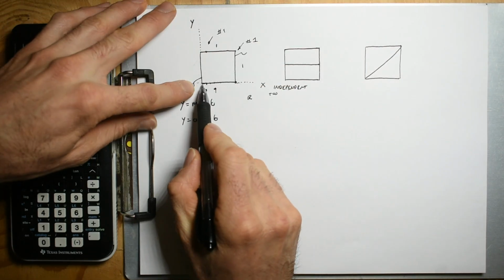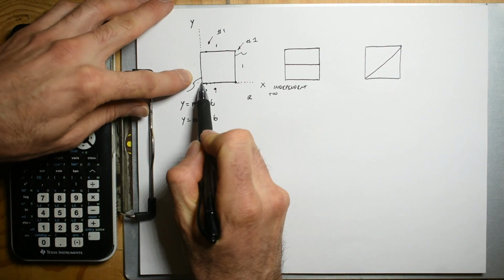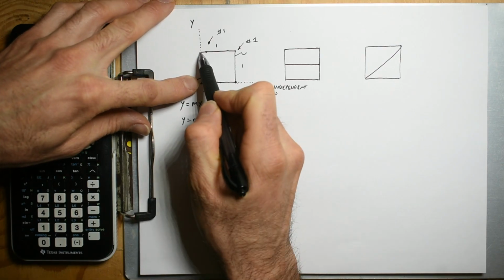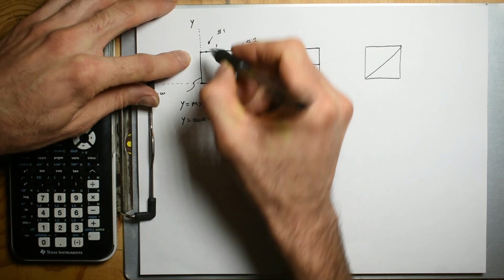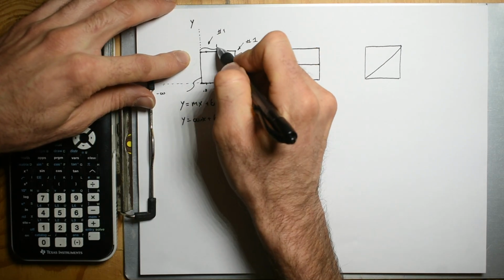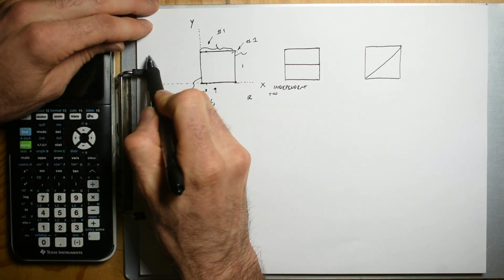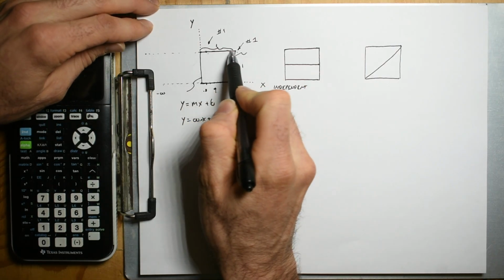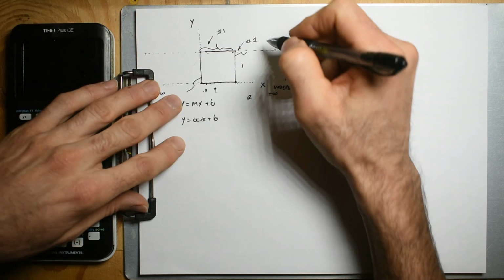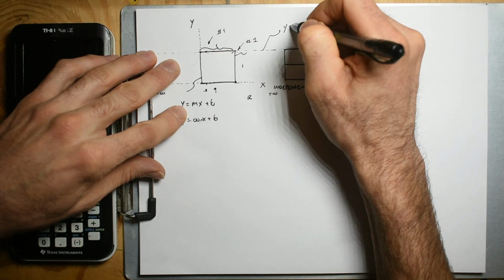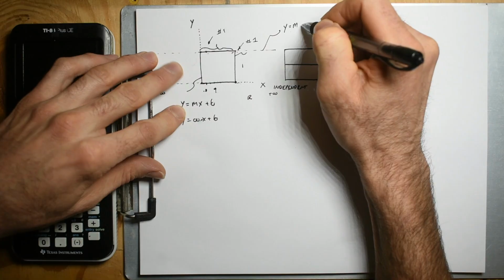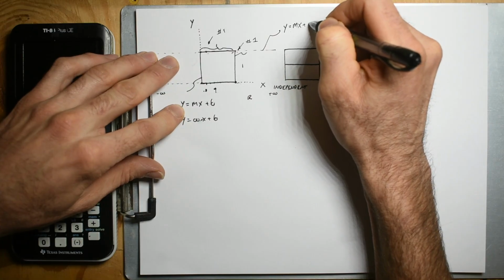If I choose this as my input, x, then my output is also 1. So this portion right here is a function. Now, we don't have it drawn where it goes from negative infinity to positive infinity, but we could. This would be the equation of a line, y is equal to, and if we start with our general equation, y is equal to mx plus b.